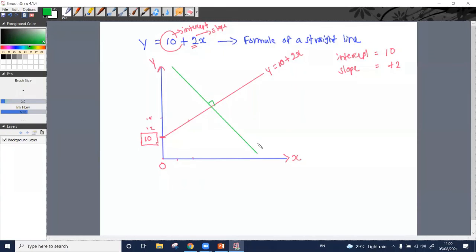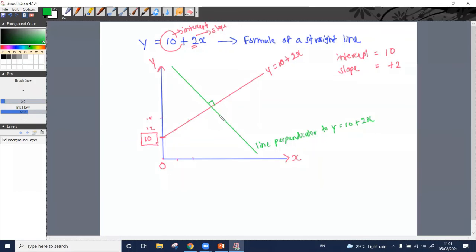This is what we call a line perpendicular to y equals 10 plus 2x. We have drawn a line perpendicular to the given straight line.